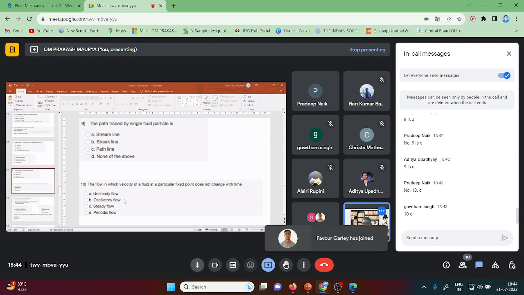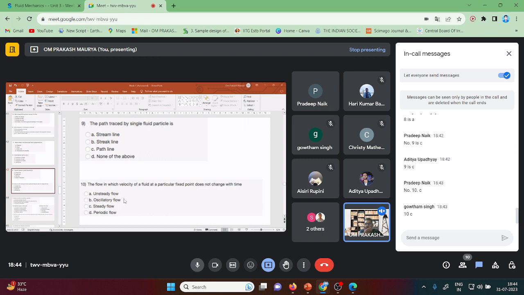Yeah, for question number 9, the path traced by a single fluid particle is known as the path line. And for question number 10, the flow in which the velocity of a fluid at a particular fixed point does not change with time is known as the steady flow.